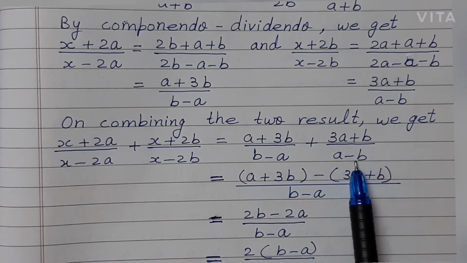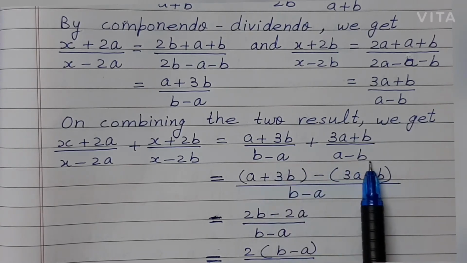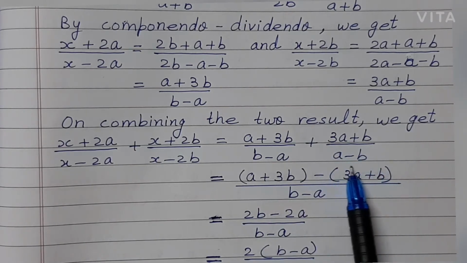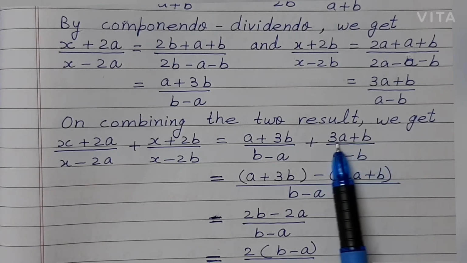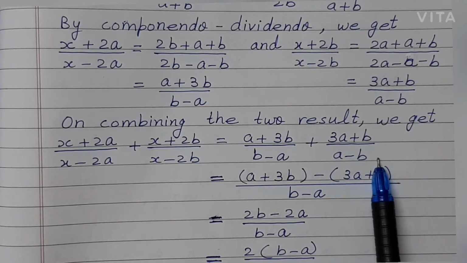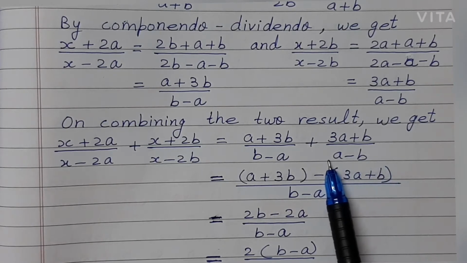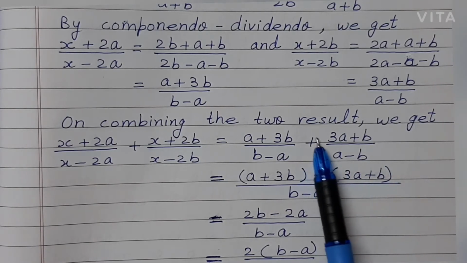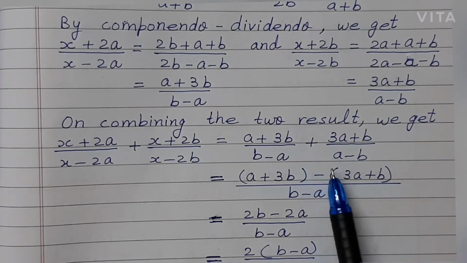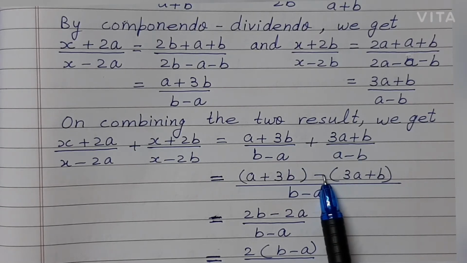So in order to make the denominator same, what we can do is, we can take minus common from a minus b, which will give it as b minus a. And that common sign will come here. Instead of plus, we will write minus now. Clear?